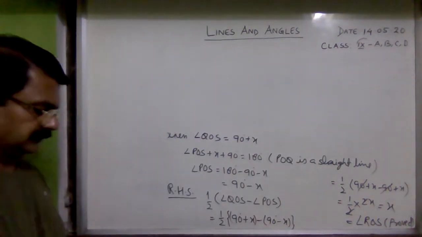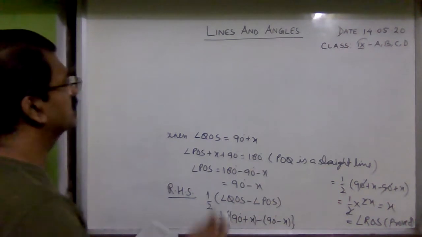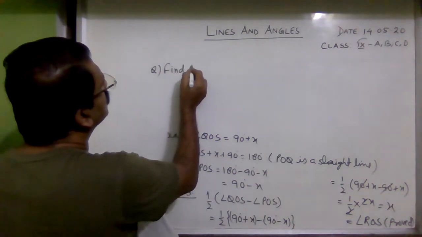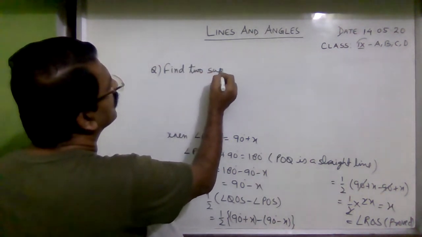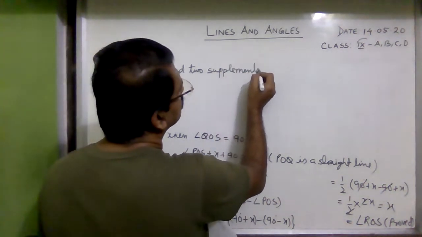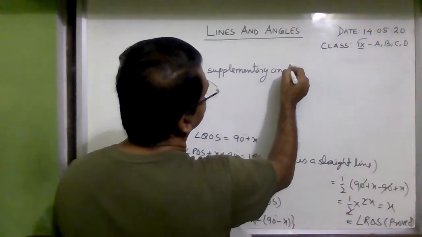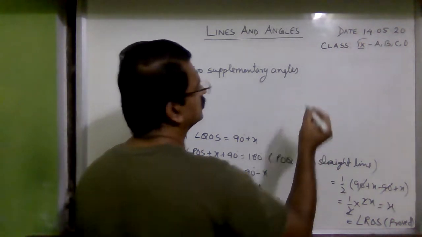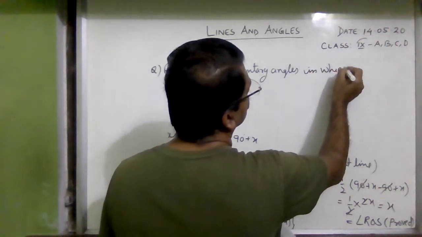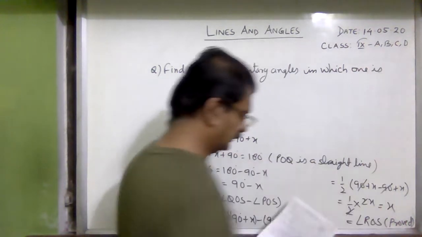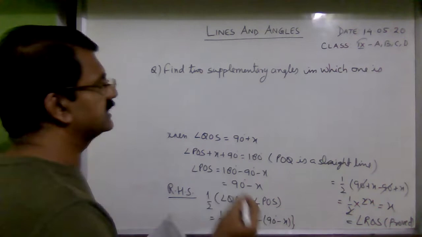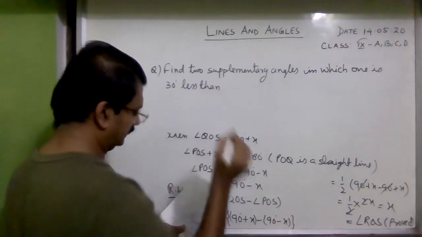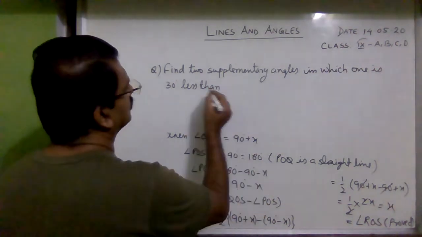Next question is: find two supplementary angles in which one is 30 degree less than twice the other.